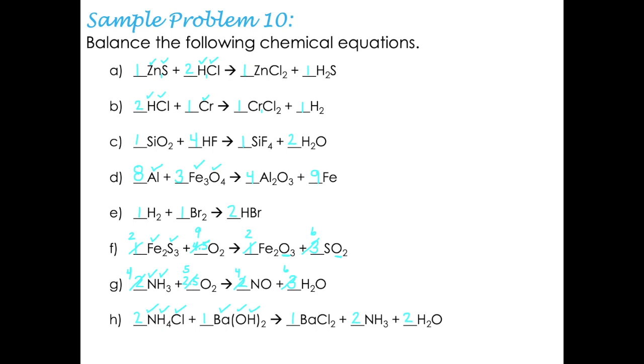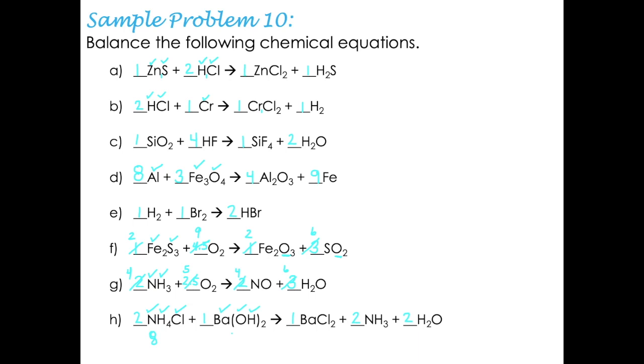Always check those oxygens and hydrogens. They're usually the trickiest. So I have 2 oxygens here in this reactant side, which means I need to have 2 in my products, and I do right here. Don't forget to check for hydrogen. So here's where it gets tricky. 2 groups of 2 hydrogens is 8 total.